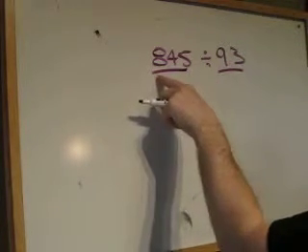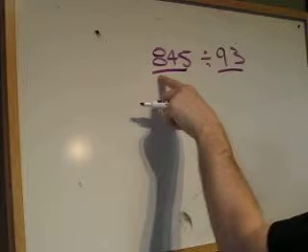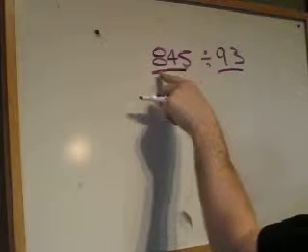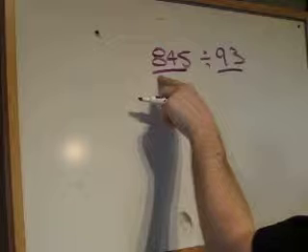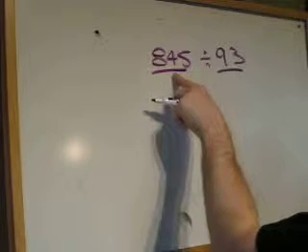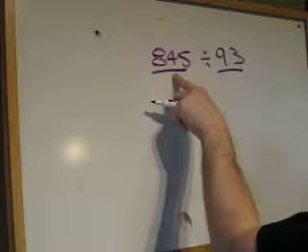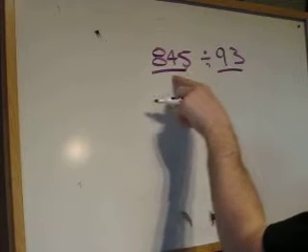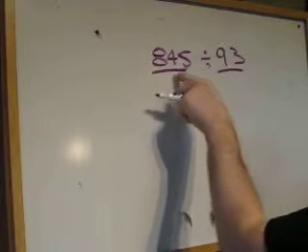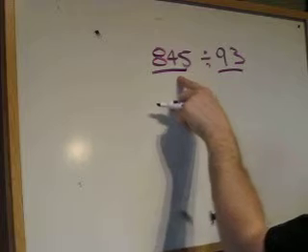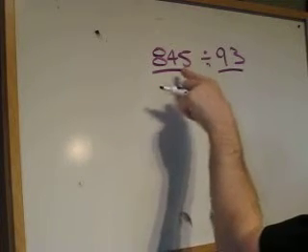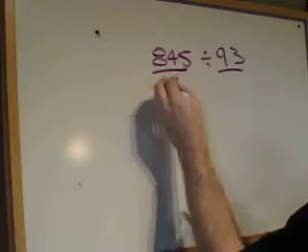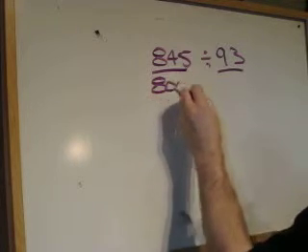So in this case, the 8 is in the hundreds position, 845. So we're going to use that as our key number here. We're going to look to the right, see if that number is less than 5. If it is, we're going to change both of these to zeros and leave the 8 alone. If it's 5 or greater, we're going to change these both to zeros and raise the 8 to a 9. So because it's less than 5, we're going to change them both to zeros and leave our 8 alone.